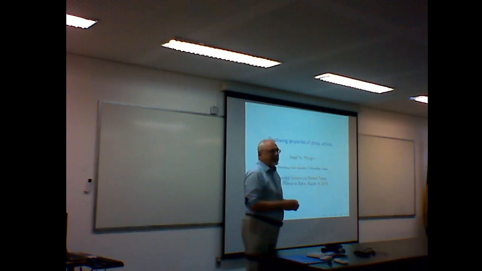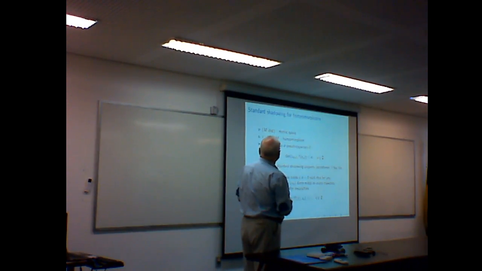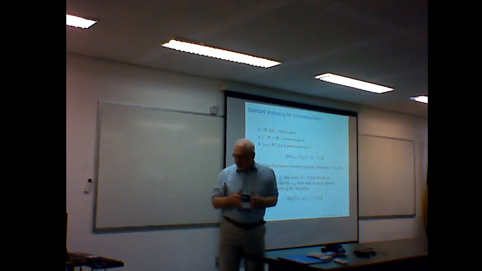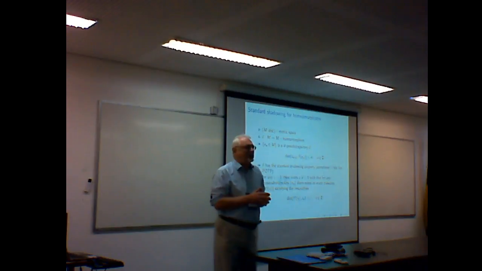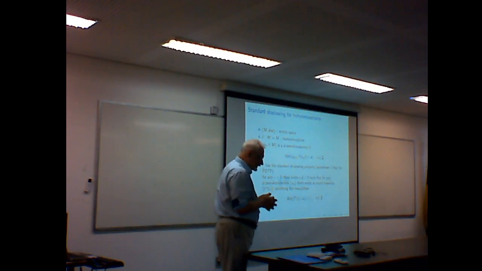I will speak about shadowing properties of group actions. First, I will recall some basic notions of the shadowing theory for the action of the simplest group, the group of integers.